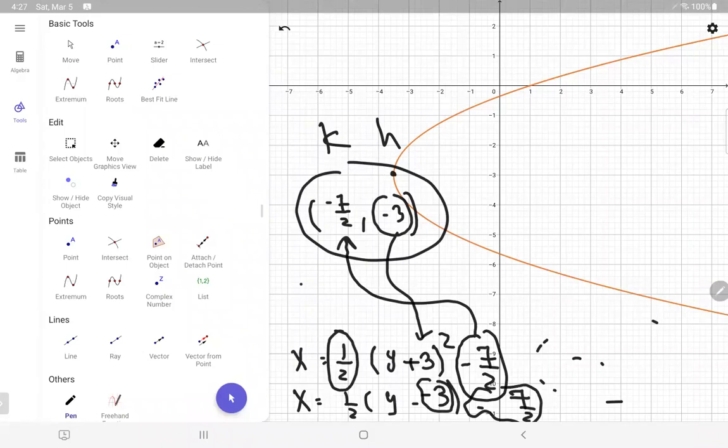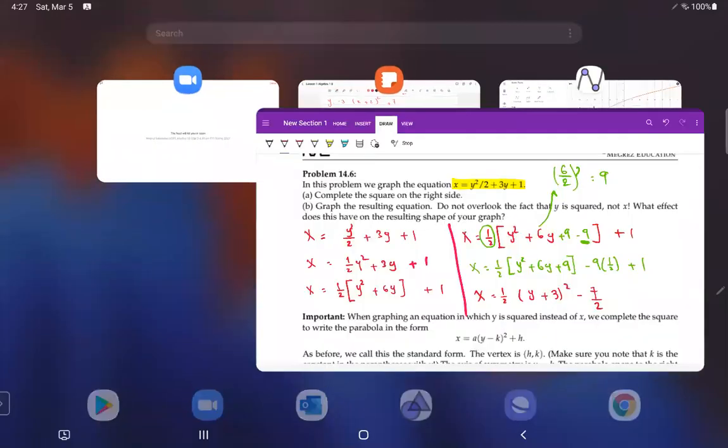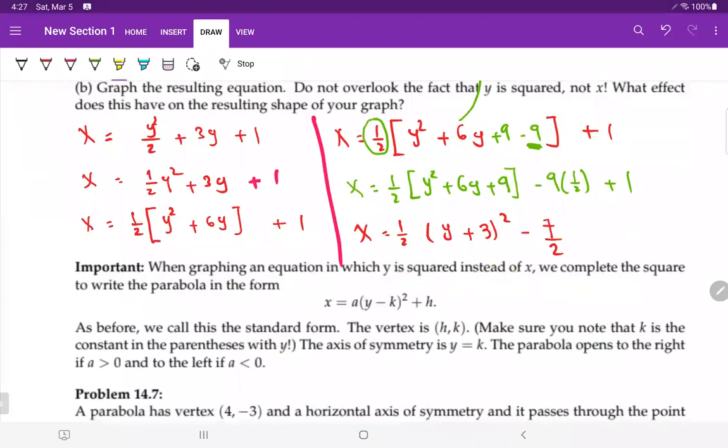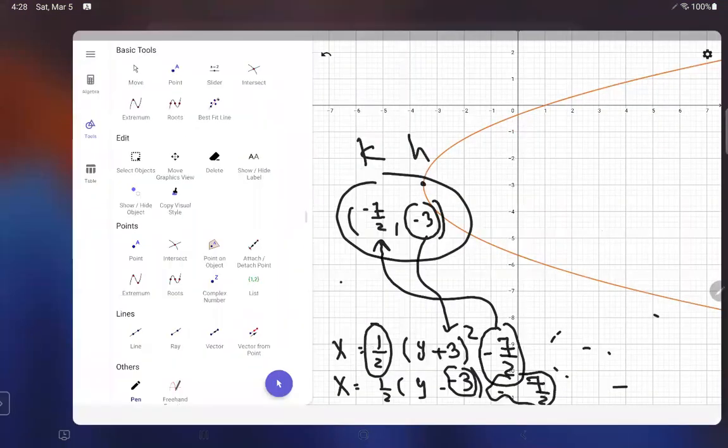K comma h. I mean, nothing has changed. What has changed is only one thing, the order of the ordered pairs. It was before hk, now it's going to be kh. So let's go back. Kh, you see that? It's kh. Just the order of the vertex. What is the axis of symmetry?